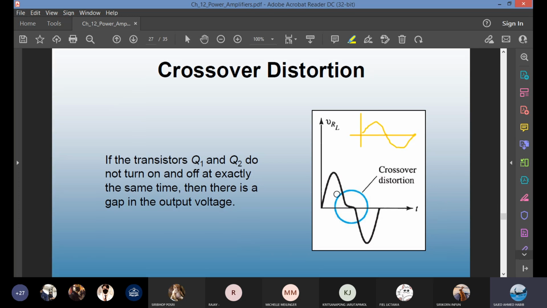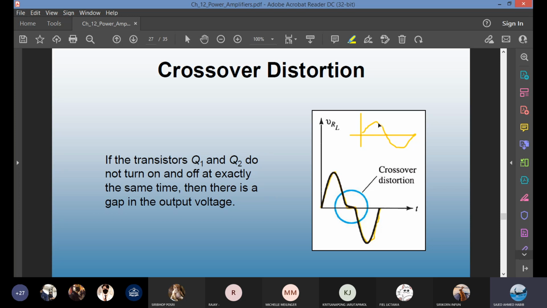But if the turning on and off is not properly time synchronized, this is what is going to happen. Q1 is on, okay? At this moment, Q1 turns off, but Q2 does not turn on immediately. There is a time delay, maybe a millisecond, nano or microsecond, but there is a time delay. During this delay, there is no output, and then Q2 turns on.